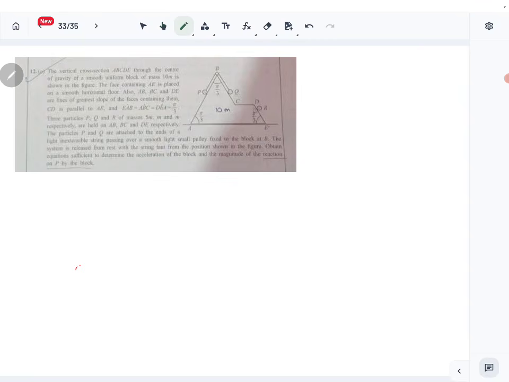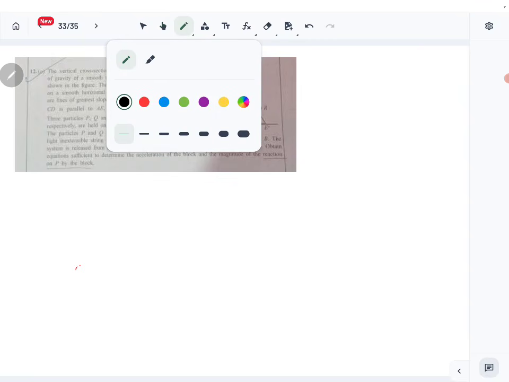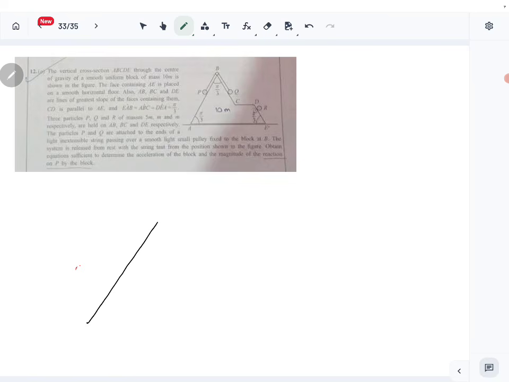Right. So we'll draw the diagram and mark all the forces and the accelerations. Draw a big diagram so that all the angles and forces are clearly seen.